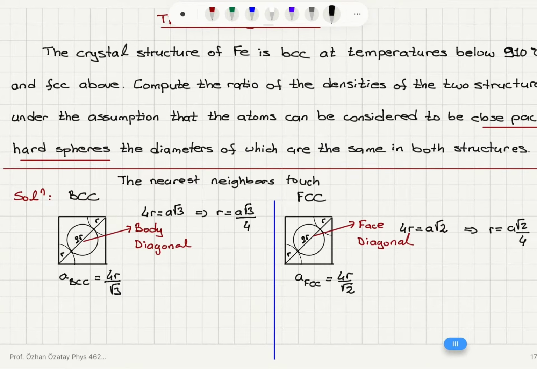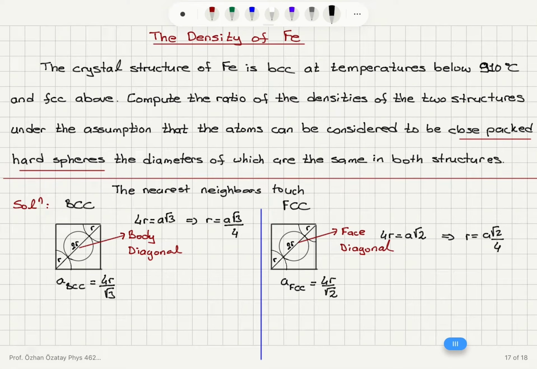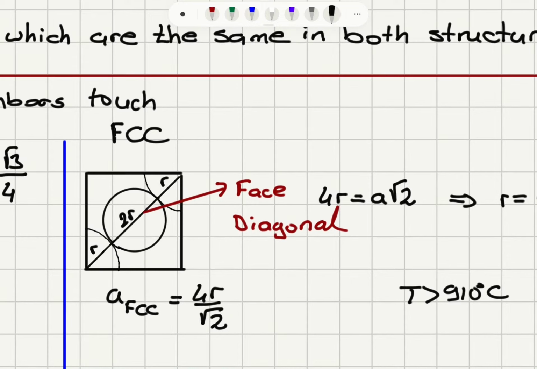So we find that the lattice constant for the body-centered cubic structure should then be 4r divided by √3. This is for temperatures less than 910 degrees C. And now if I go above 910 degrees C, iron turns into face-centered cubic.